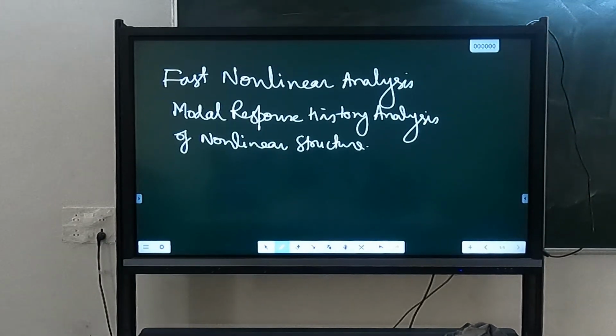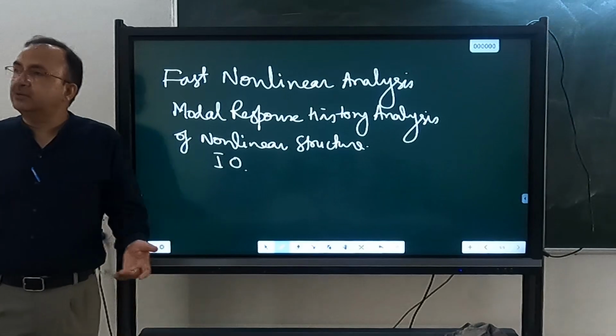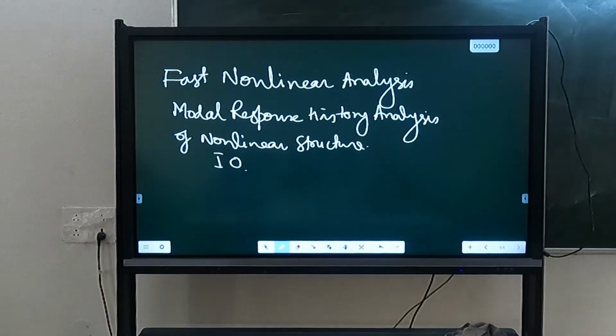So it gives reasonably good results if the level of inelasticity is less. That means you are designing a structure for, let us say, IO or maybe LS, life safety, so that the nonlinearity is limited. In that case, it will give you reasonably good results. But if you are trying to take it up to collapse, when nonlinearity is significant, this is not giving you reasonable results. Okay, but up to IO, let us say you are designing a hospital, you want to keep it up to IO, it's very good.